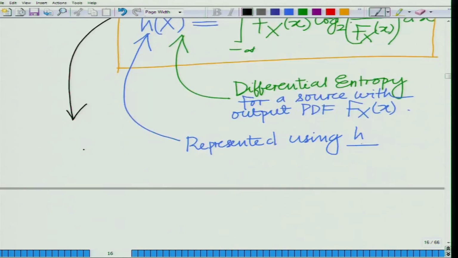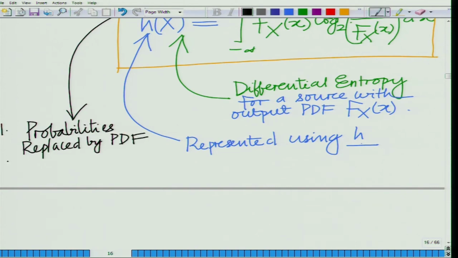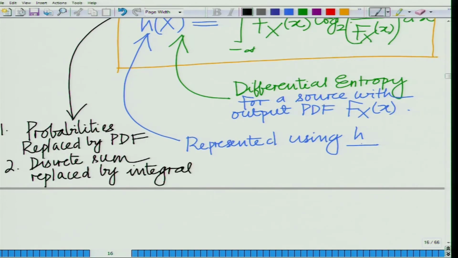So, it is similar except for the probabilities replaced by the PDF, and the discrete sum has been replaced by the integral.